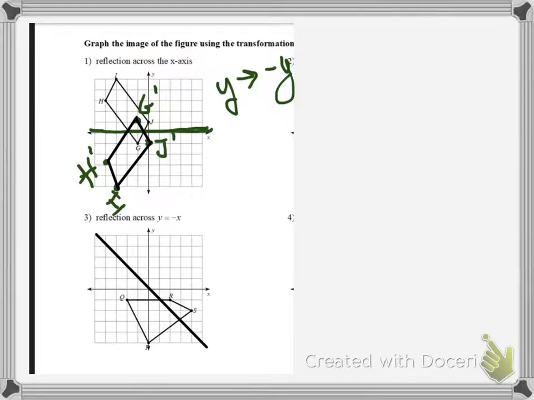So Q is going to go across that line to right there. R is going to go across that line to right there. S will go across to right there. And whatever this is down here, P, I guess, will go straight across to here.